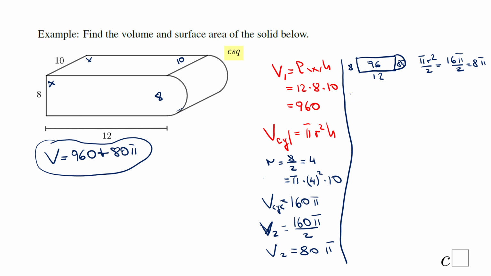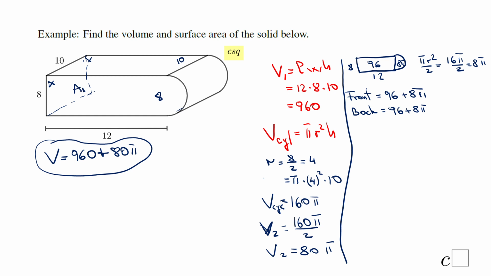So I'm gonna say front will be 96 plus 8 pi. The back is the same. The one we don't really see. So we're gonna have to have these two guys. But now we have this one on the left. I'm gonna try the one you really cannot see. This one. And that one will be, I'll call it A1, I guess.